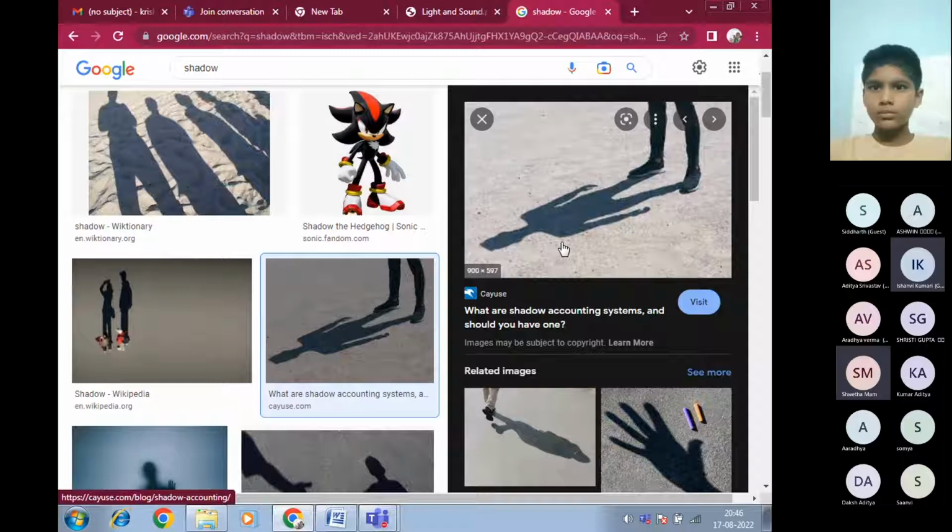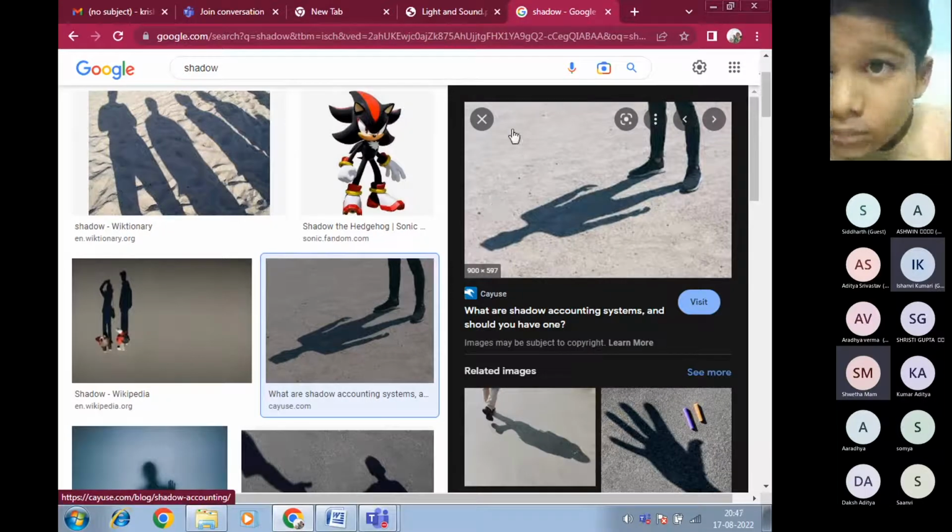On the wall also you can see, on the ground also you can see. So where the shadow falls, or the image falls, you call that a screen. Here the shadow is seen on the land, so that's why you call the land the screen here.